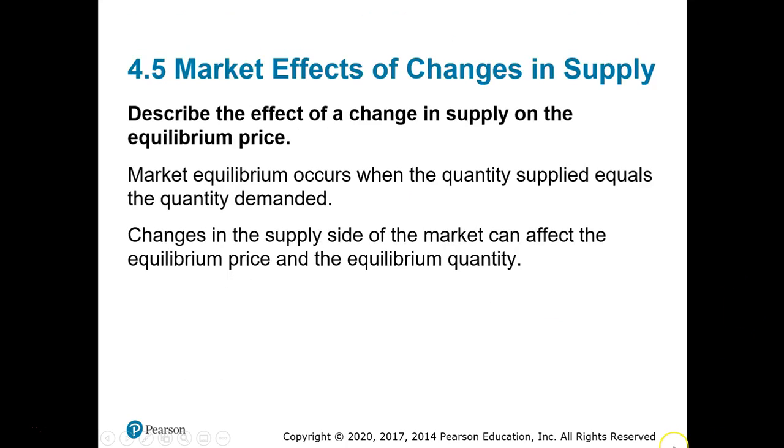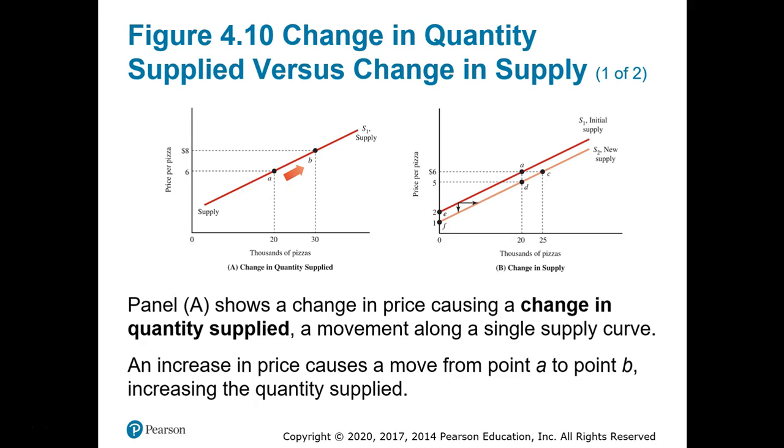But now let's shift it to the supply. All right. What happened to demand, keep in mind, is different than what affects supply. Describing the effect of a change in supply on the equilibrium price, we take the market equilibrium curves when the quantity supplied equals the quantity demanded. But changes in the supply side of the market can affect the equilibrium price as well as the equilibrium quantity, just like in demand, but for different causes and for different amounts.